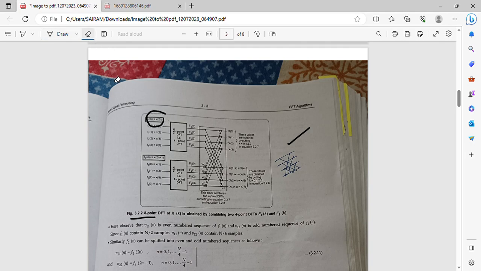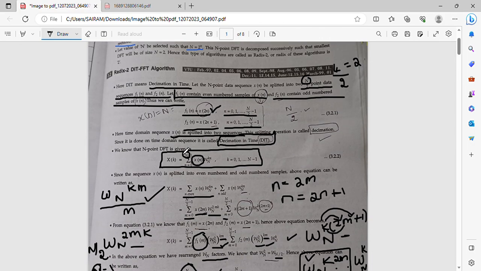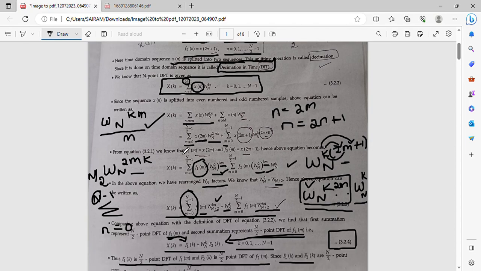I told you about that in the last session. What are F1 of m and F2 of m?